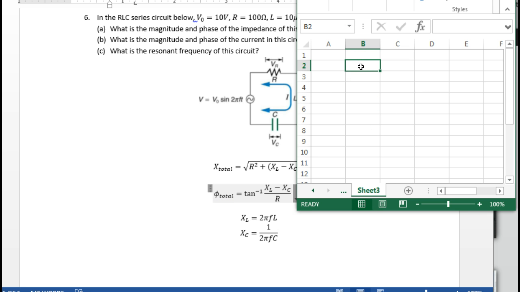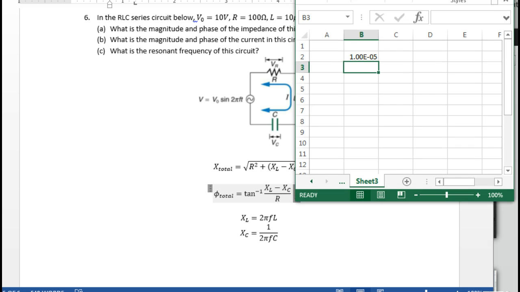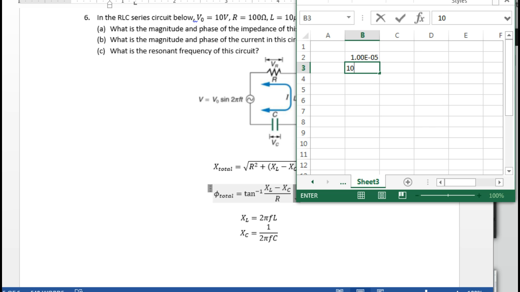We've got our capacitance, which I believe was 10 microfarads. Yes. Our inductance, which is also 10 microfarads. We have our resistance, so I'm going to label these C, L, resistance, 100 ohms, voltage, 10 volts, frequency, it was 1000 hertz. Okay.